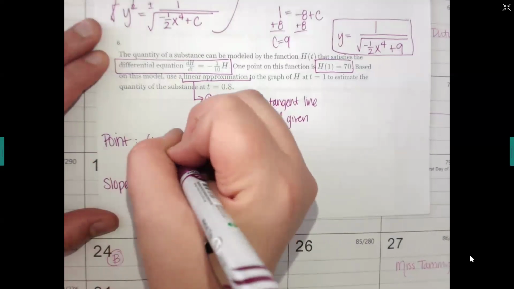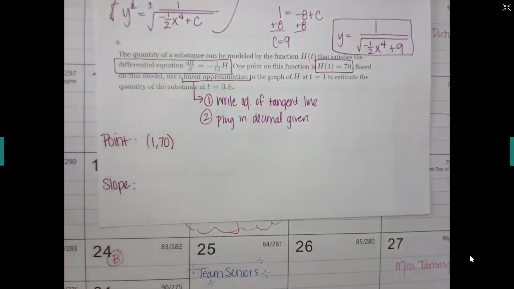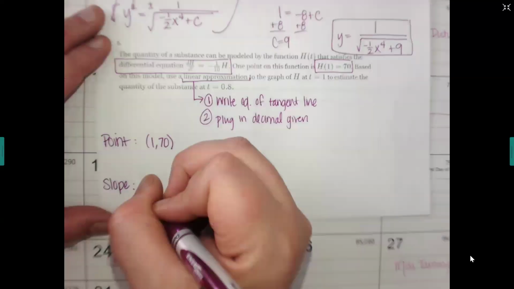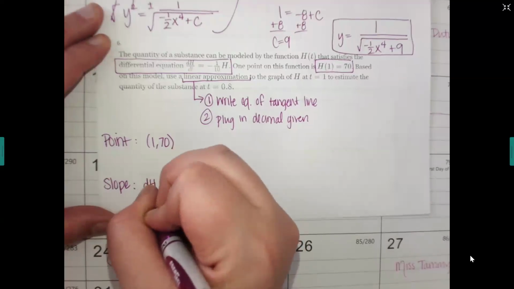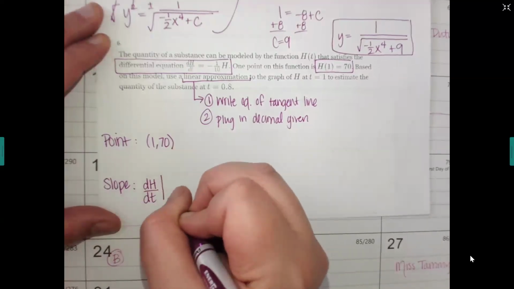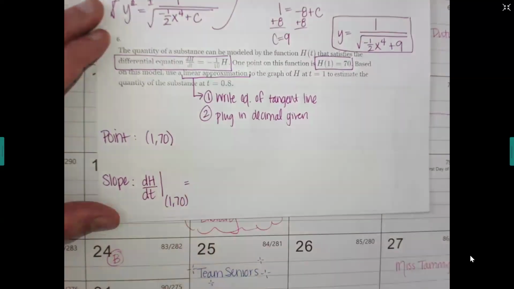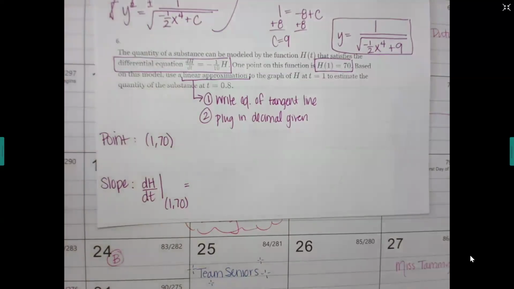And then when I want the slope, I need to plug into the derivative. But remember, that's what a differential equation is. So in order for me to find the slope, I'm going to plug into dH/dt. And dH/dt at (1, 70) means that I'm going to plug in this point to this equation.